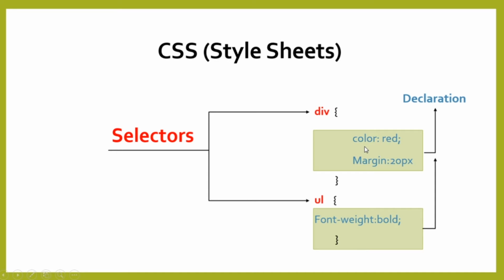The color is the property, the red is the value, and the margin is the property, 20 pixels is the value. Same with the UL. So that is the declaration, we have the property and value, and this is what we call selectors.